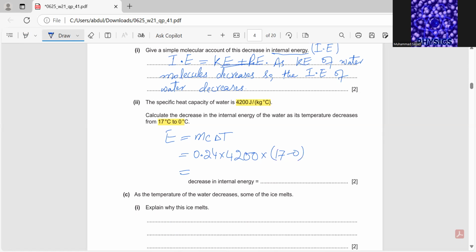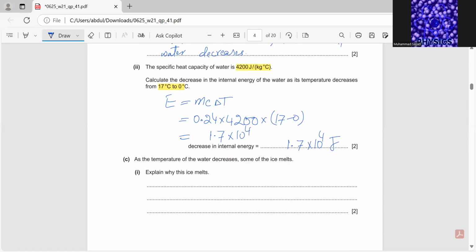So as we simplify, I'm writing the rounded off answer: 1.7 times 10 raised to the power 4 joules.